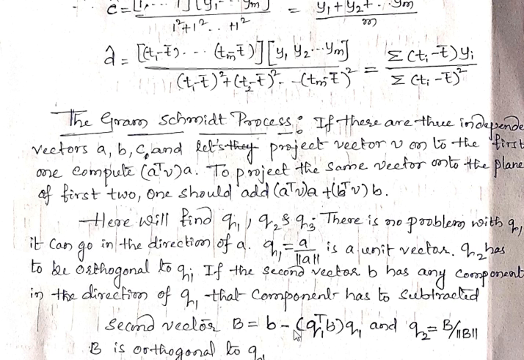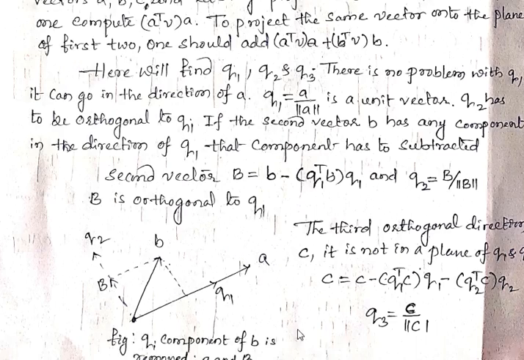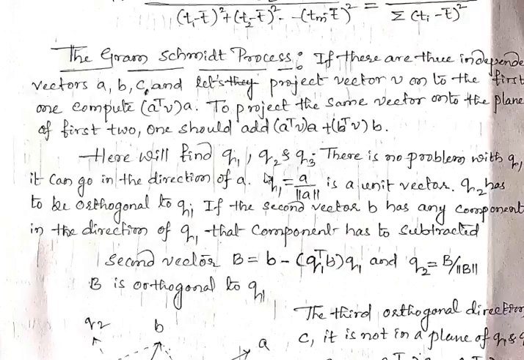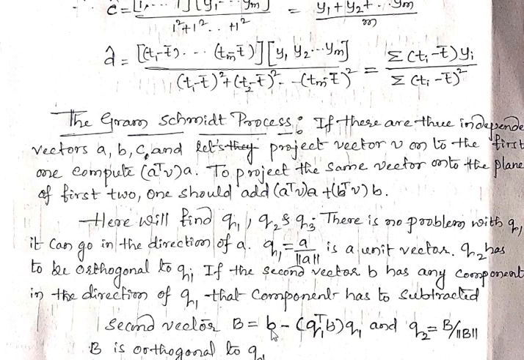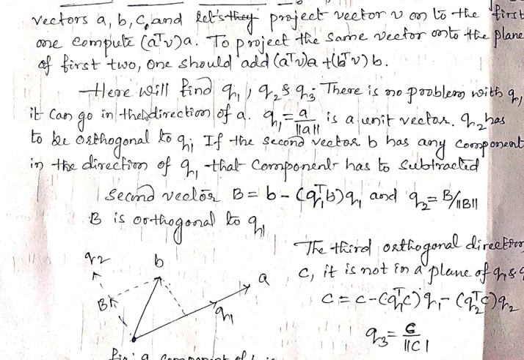B is orthogonal to Q1. As B is orthogonal to Q1, we can go for finding the third one, that is C. The second vector B is used in calculating Q2, and B is orthogonal to Q1.